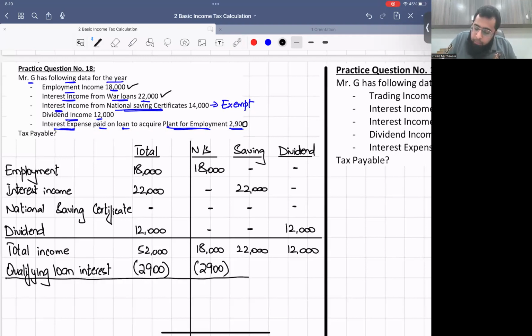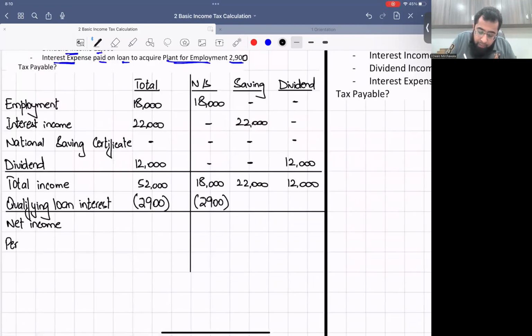See, the total column is basically the sum. In the head of income, we are adjusting it in non-saving. Now we will arrive at net income. And then we will adjust the personal allowance to arrive at the value of taxable income.